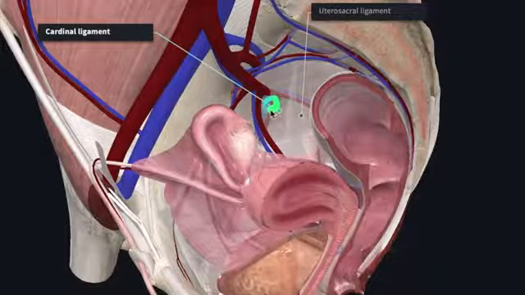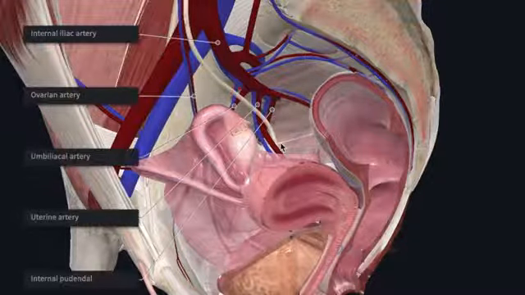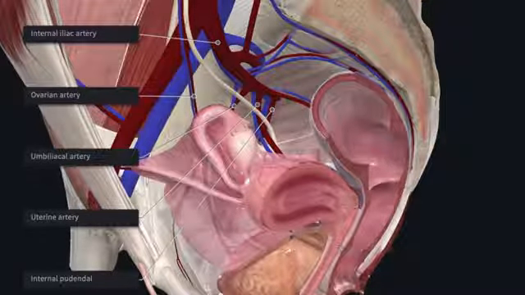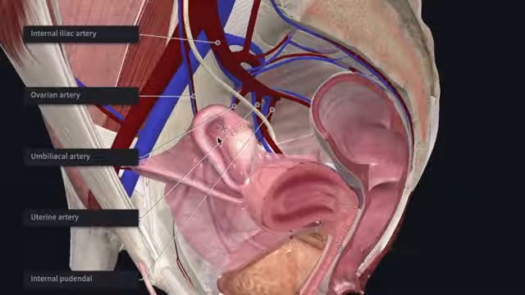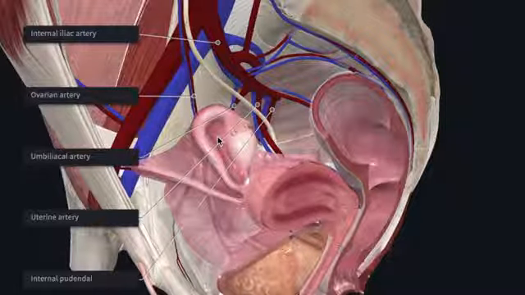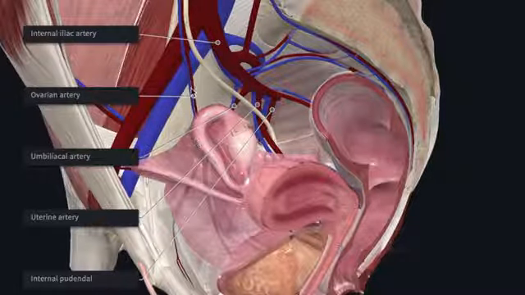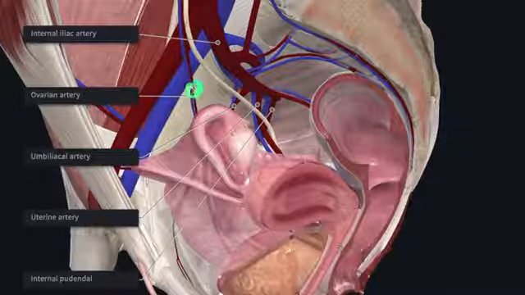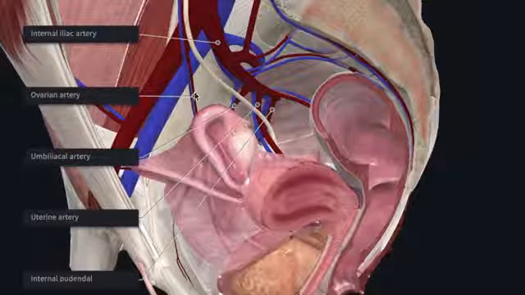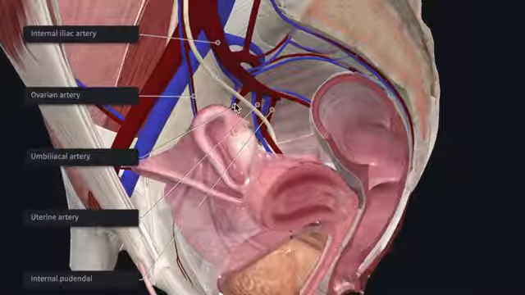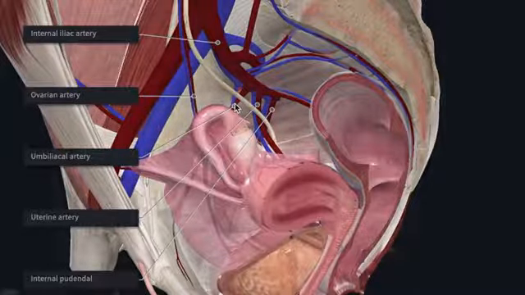Blood supply and drainage of the pelvic viscera are from branches of the internal iliac artery and internal iliac vein, which we can see here. However, the ovary is slightly different because the ovarian arteries arise directly from the aorta, these being the ovarian arteries here, and venous blood is drained via the ovarian veins, which on the right hand side will drain into the IVC, and on the left hand side will drain into the left renal vein.